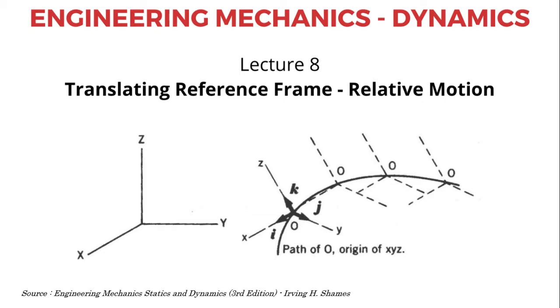The orientation of the axes of the fixed and translating reference frames need not be the same. In this figure, you can see that the fixed reference frame is not in the same orientation as the translating reference frame, but they will not rotate relative to one another.